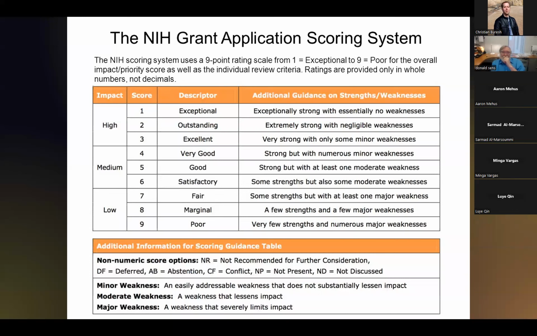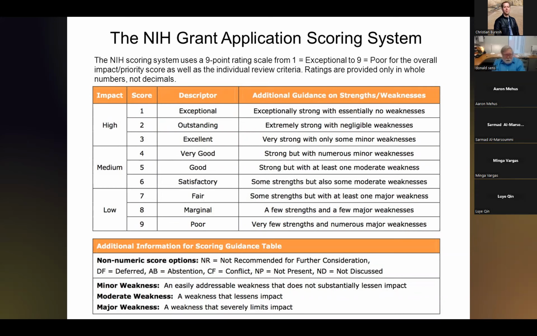And you get down to satisfactory, you're losing some strengths, but you're also getting some moderate weaknesses. And once moderate weaknesses start showing up, your score is going to start going down into the 5 or 6 range, at least a 4 range. And fair, marginal, and poor, strengths are getting pretty limited, and you're getting more and more major weaknesses.